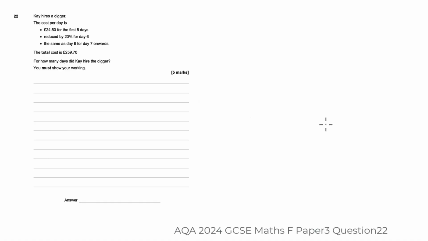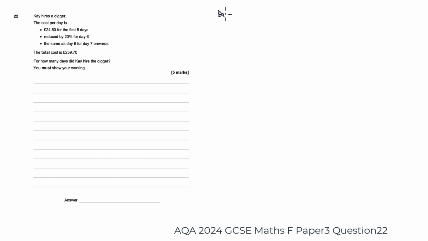Well, here's question 22, and we've got K hiring a digger, and we're told various pieces of information about the cost of hiring that digger. And if we look closely, we'll see that the first 5 days are different from the rest of the days. For the first 5 days, there's a steady charge of £24.50.